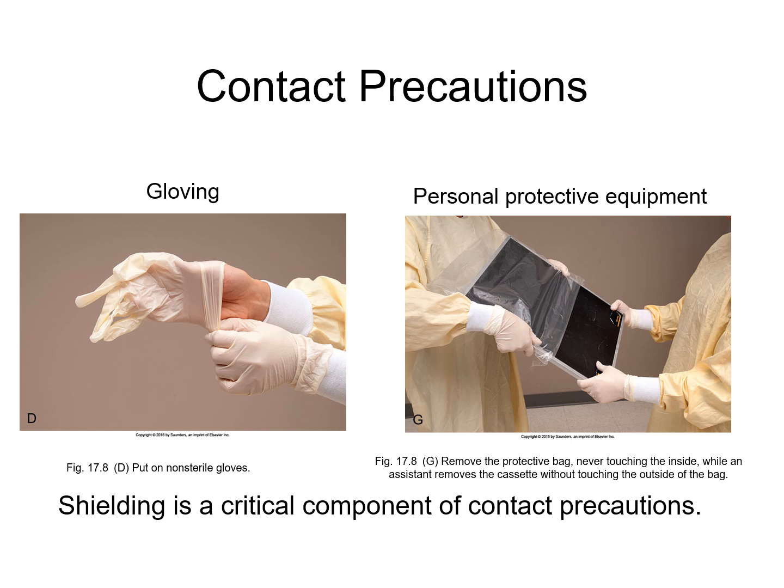And then that's a one-time use. Once we've taken the image and completed the exam, we discard that protective barrier along with our gloves and our gown. So all PPE is disposable and one-time use only. If you wear the same pair of gloves for a second patient, you're kind of defeating the purpose of the gloves.